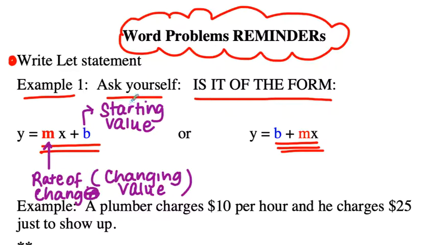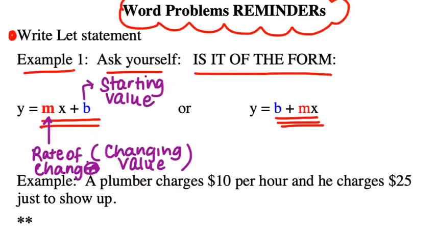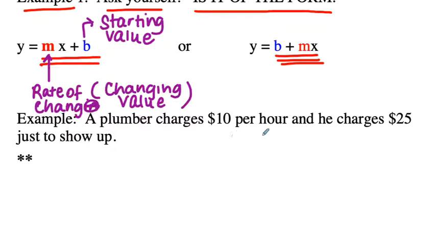So you could write it in mx plus b form, or you could also write it in b plus mx form. So let's see what I mean. A plumber charges $10 per hour and he charges $25 just to show up. Okay, so I know that my starting value is 25. That's how much he charges initially just to come to the house. 25 plus, the changing value is 10.